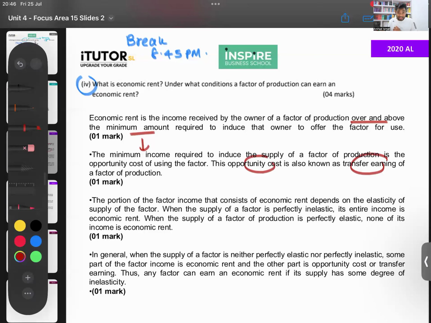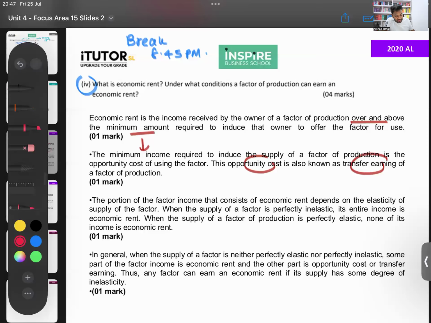See, Lama, do you realize, even though they're asking you to explain economic rent, you end up explaining both of them. You're saying economic rent is what you earn above your minimum required. So what is that minimum? Minimum is only transfer earnings. So then the question is, under what situations can you earn an economic rent?